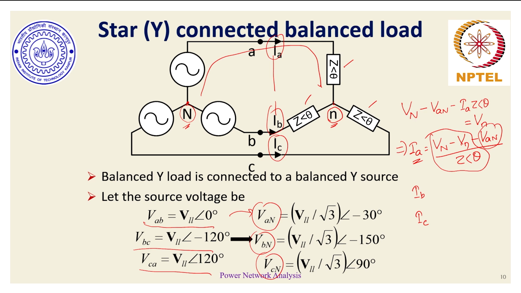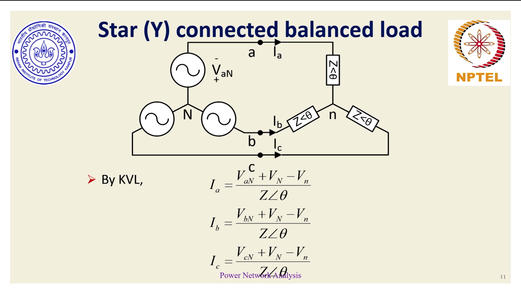So if I summarize this in this particular slide, there is a change in notation here, because in my previous slide I had chosen this terminal to be negative and this to be positive, whereas in this slide the corresponding terminal orientations have been different. But that's not important for AC circuits, because in AC circuits the voltages and currents always form a symmetry.